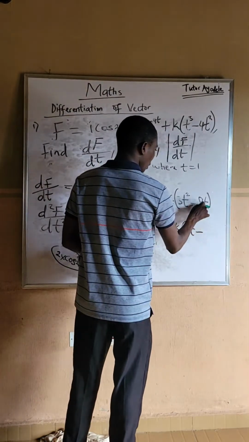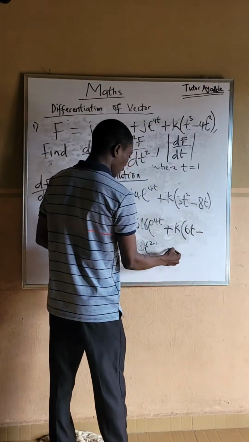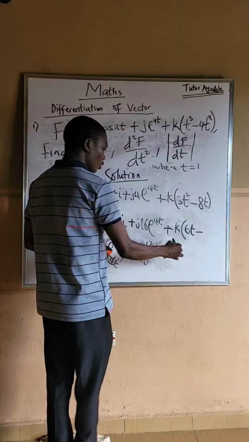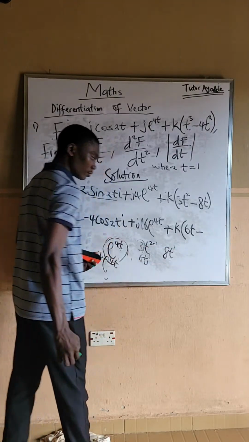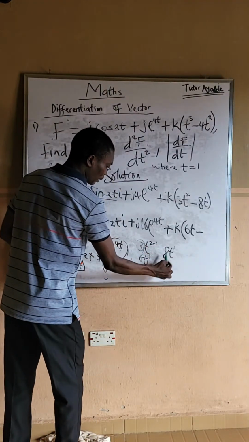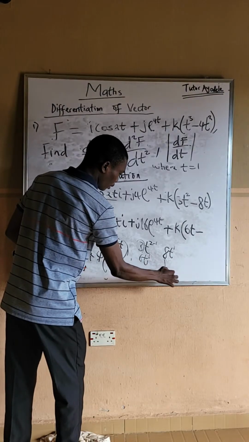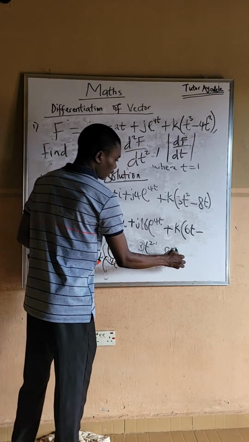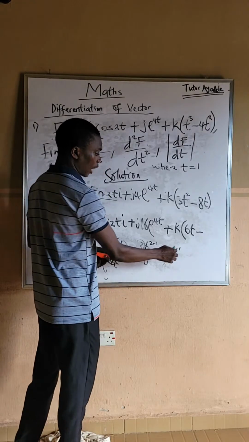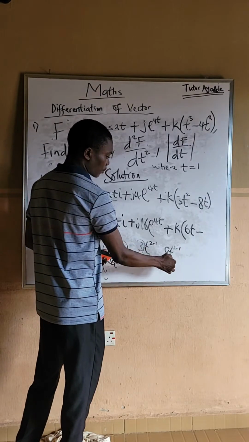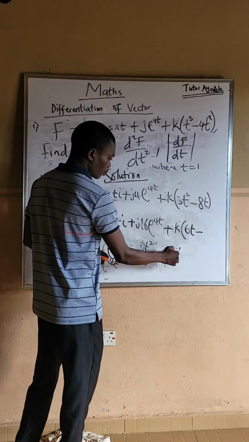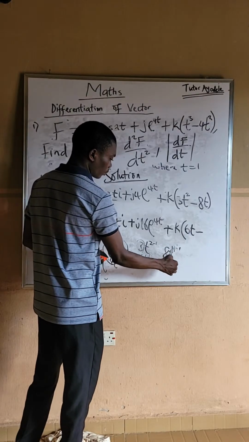Minus 8t. If I differentiate 8t, you know the power here is 1. So if I use the 1 to multiply it, 1 times 8 will still give me 8. But if I then subtract 1 from the power, I will have 0. So t raised to the power of 0 will give me 1, and 1 times 8 will give me 8.